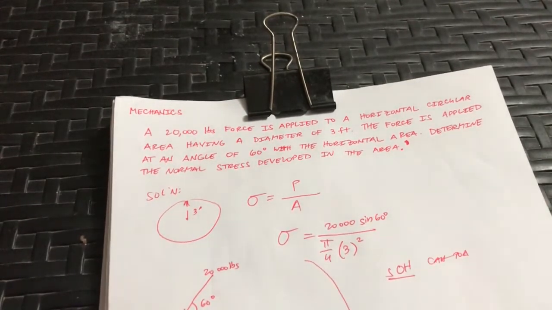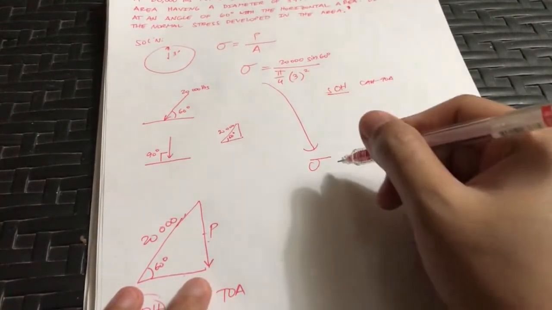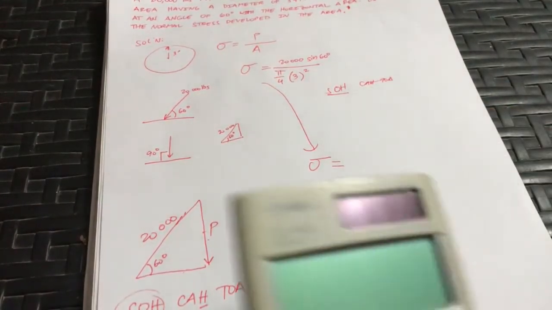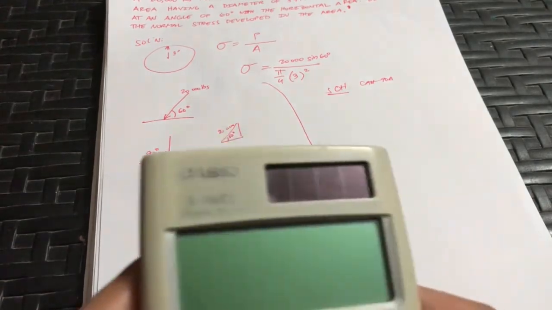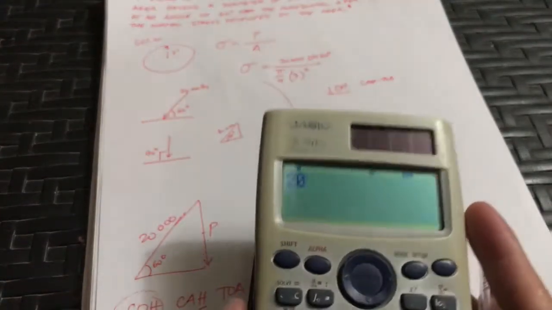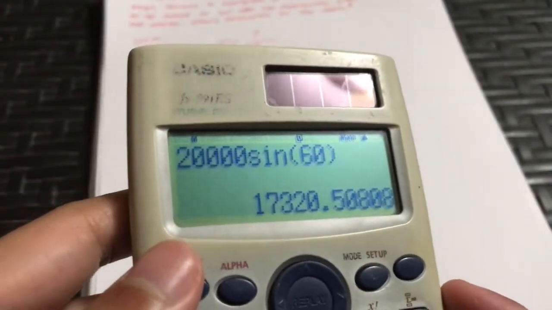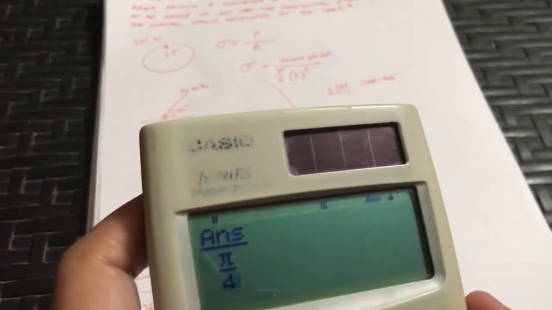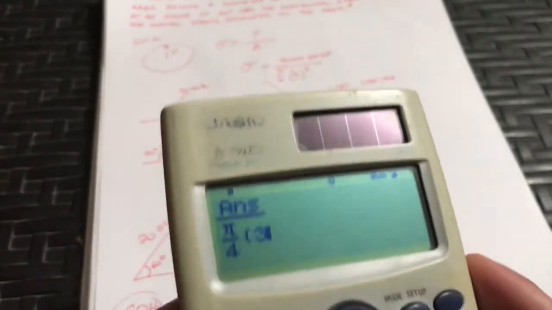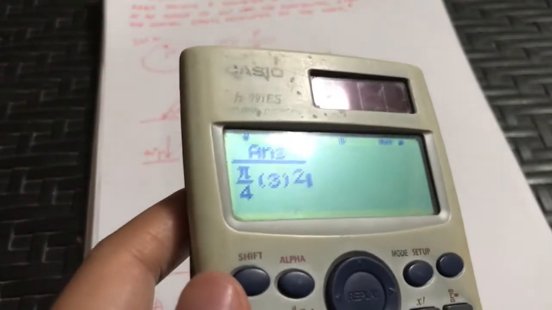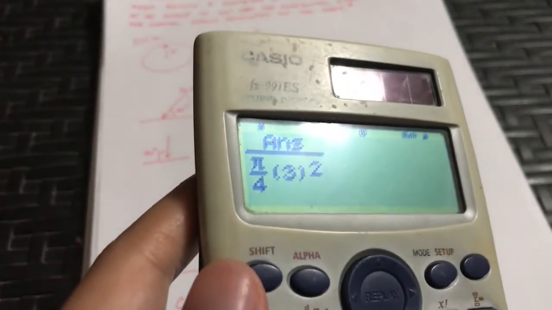So the stress is now equal to 20,000 sine 60 divided by pi over 4, 3 feet squared, the area of the circle with a 3 feet diameter.